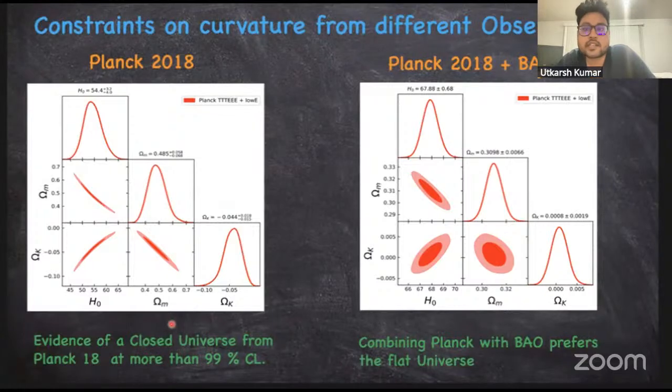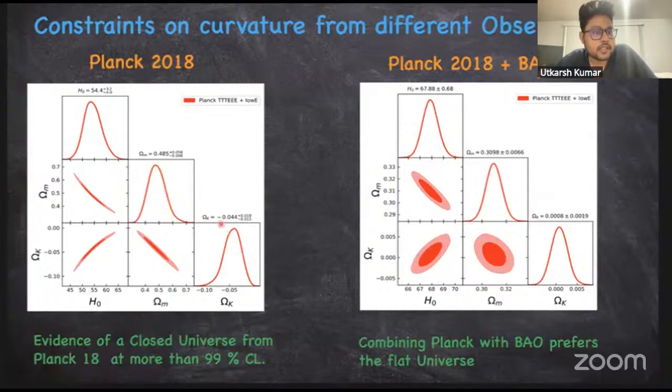Now I'll present the recent constraints that we have on the curvature density from the different measurements. The first constraint comes from the Planck measurement. As we see from the contours on the left here, the Planck measurements show evidence of a closed universe at 99% confidence level.